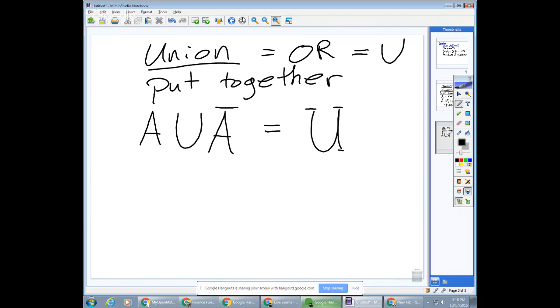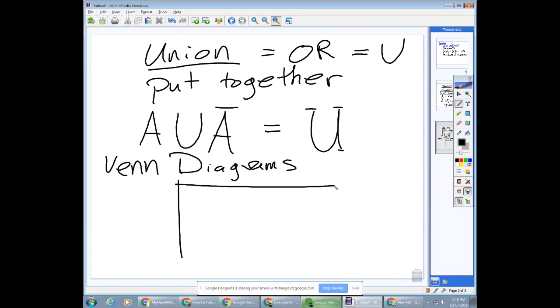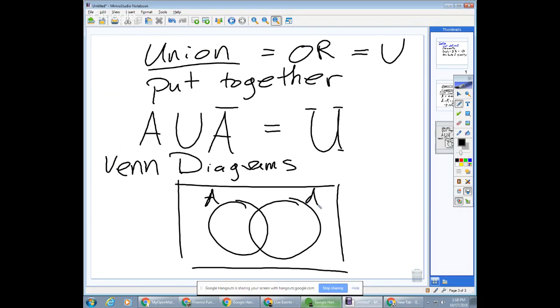We can also work with Venn diagrams when we're playing with sets. We did a little of this in the logic section. And so here I'm playing with set A and set not A, which is A with the bar over it. So let's see, A was the set of even numbers.